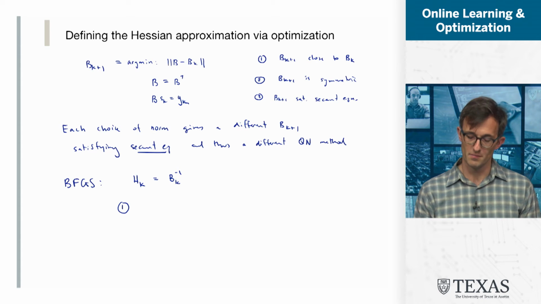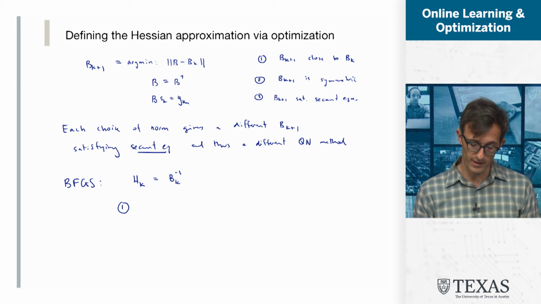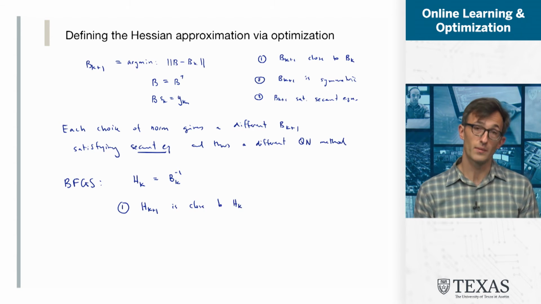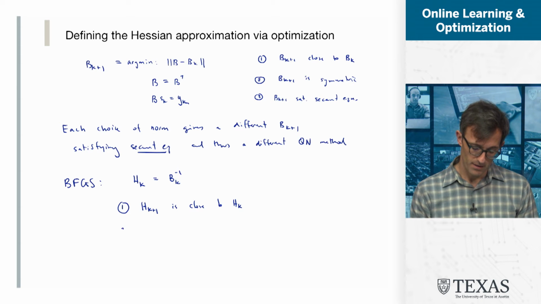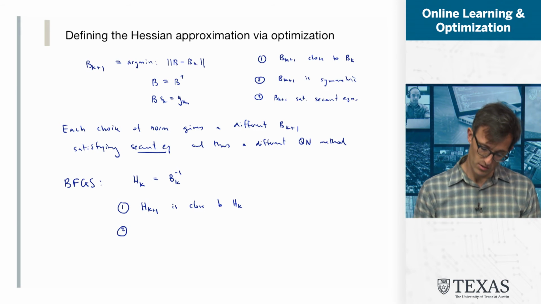B_{k+1} is close to B_k is not the identical relationship, but extremely related to asking that H_{k+1} is close to H_k. In other words, I'm going to build an optimization problem that instead of B minus B_k is going to minimize H minus H_k. Similarly, B is symmetric if and only if its inverse is symmetric. So I can ask that H_{k+1} is symmetric.